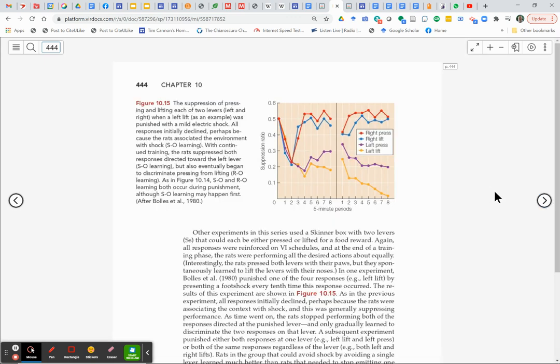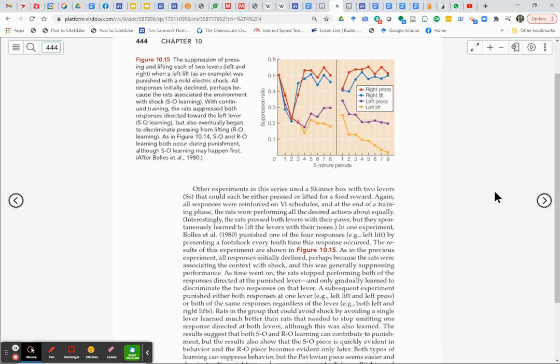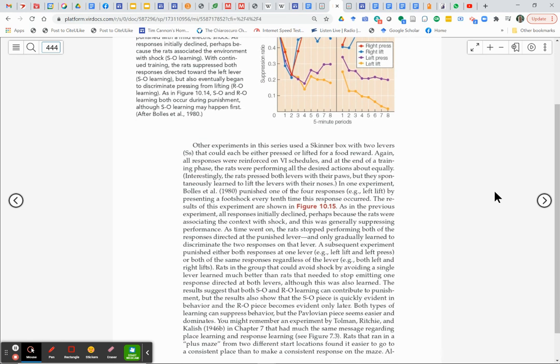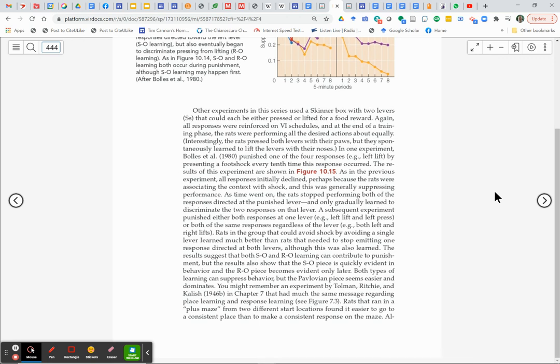And there's more demonstration of the ability of punishment to control behavior. Don't believe that punishment is bad. Punishment done badly is bad, but we evolved to deal with punishment very nicely. And boy, we're going back to Tolman again, 1946.